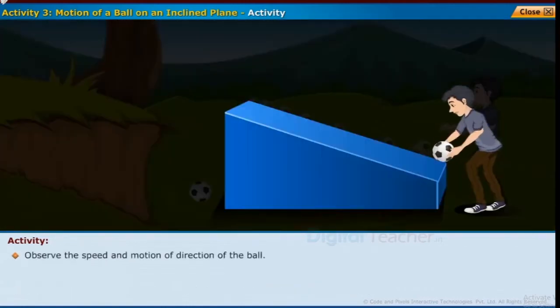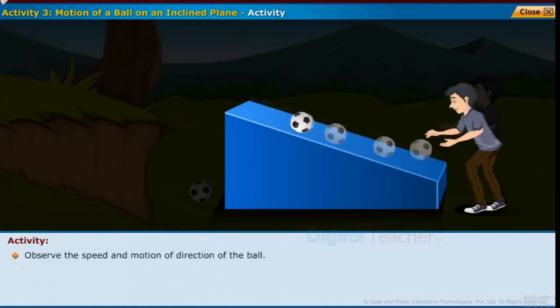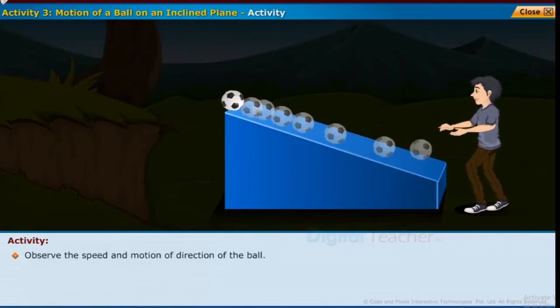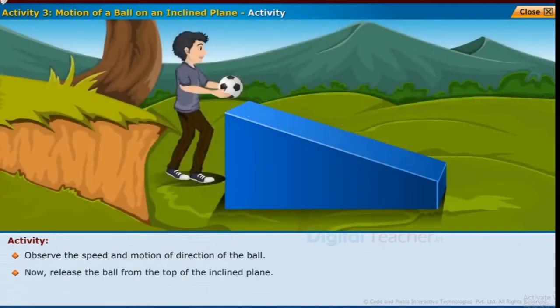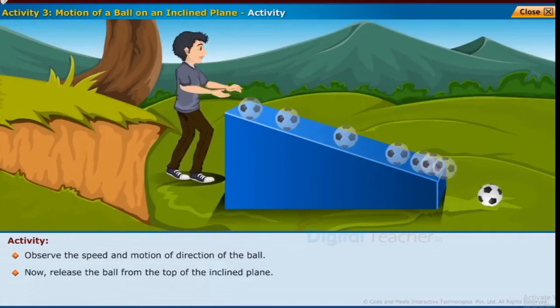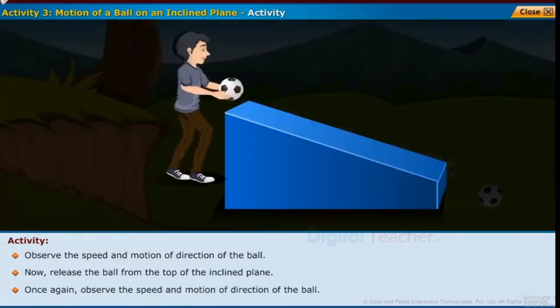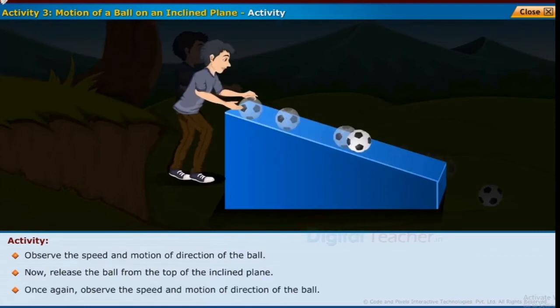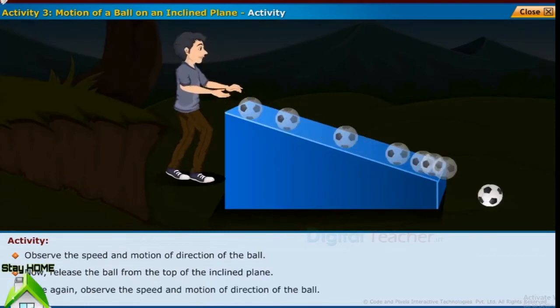Observe the speed and direction of motion of the ball. Now, release the ball from the top of the inclined plane. Once again, observe the speed and direction of motion of the ball.